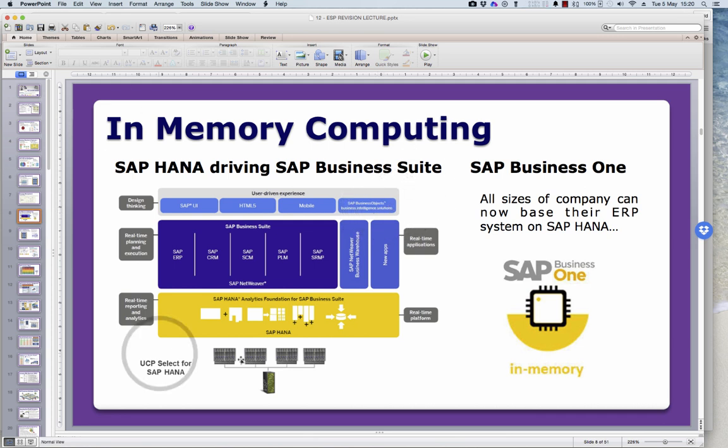So in-memory computing is fast, something like 10,000 times faster than an existing system, and it can handle large volumes of data coming in at a high rate, and it does that by storing data in columns in an in-memory database. So you can have SAP Business One running on SAP HANA if you want. There are a number of different options.